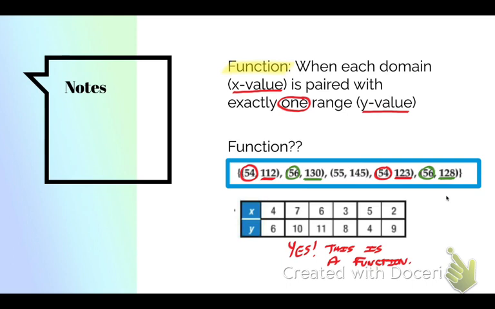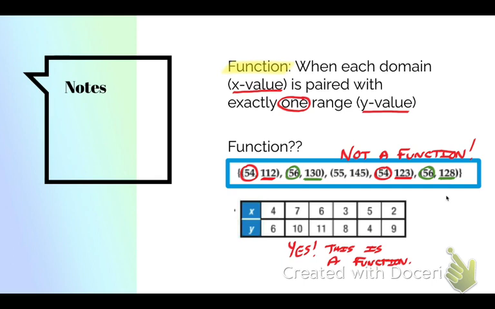So we've got two different x values here that are cheating, and they cannot be paired with more than one y value. So because 54 has more than one partner and 56 has more than one partner, no, this is not a function. All right. So each x can only have one y value.